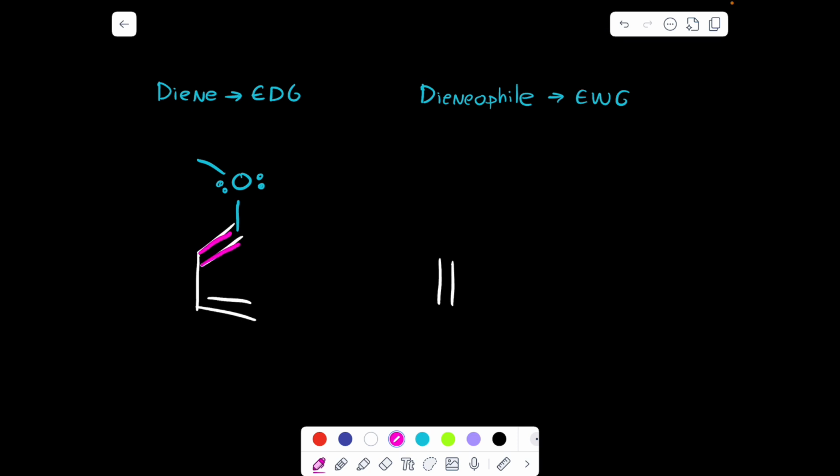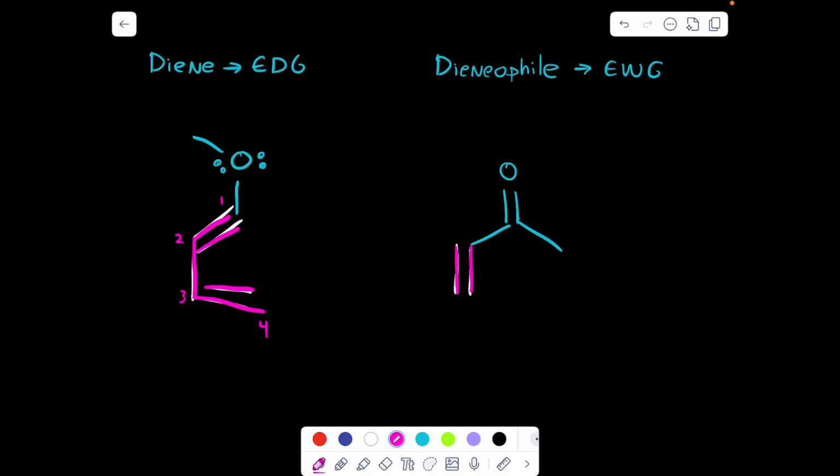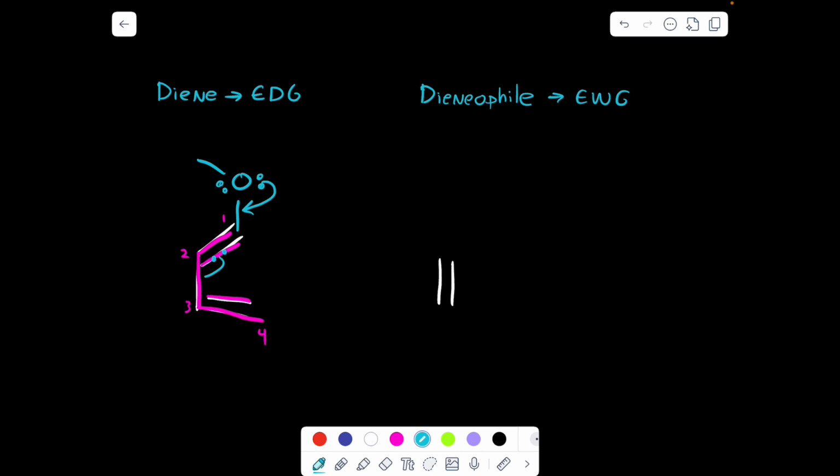Where the diene, once again, is the 4-carbon system, 1, 2, 3, 4, where there's going to be a pi bond in between carbons 1 and 2, a sigma bond in between carbons 2 and 3, and another pi bond in between carbons 3 and 4. So if I drew a resonance structure, I would see that, oh my god, this group donates electron density towards the diene. 2 in, 2 over, 2 up.